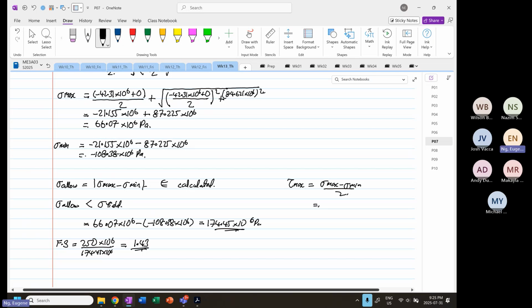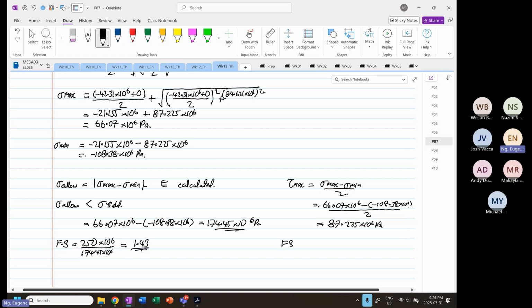So what we have is our stress max is what? 66.07 times 10 to the power 6 minus by minus 108.38 times 10 to the power 6. And then the whole thing divided by 2. So this will be equal to 174.45 power 6 divided by 2, which is equal to 87.225 times 10 to the power 6 Pascal.